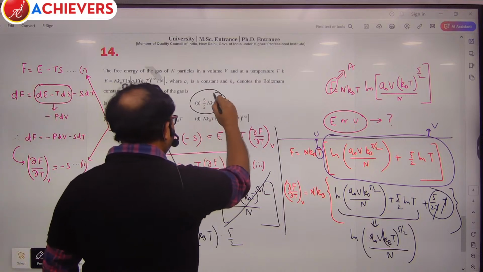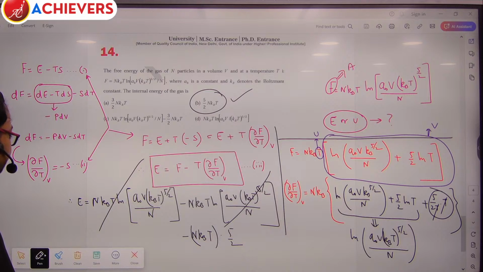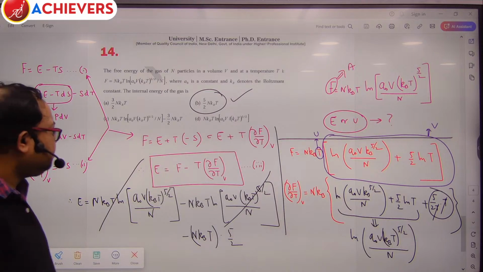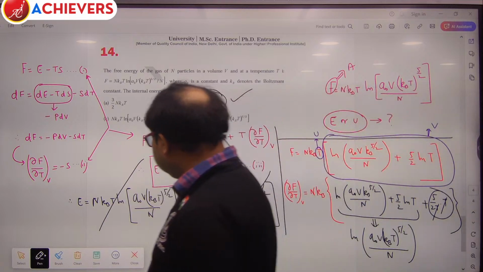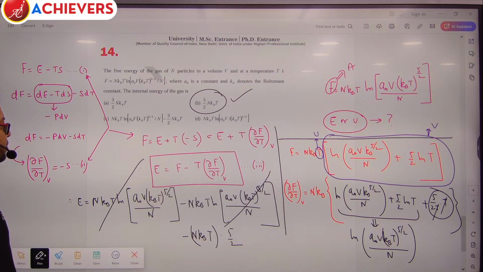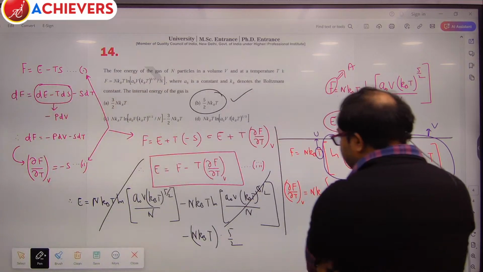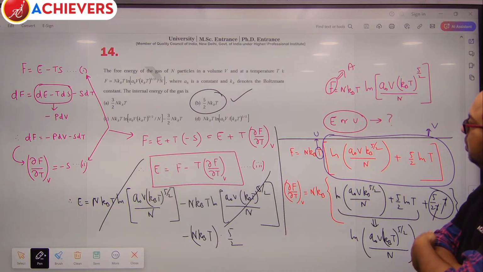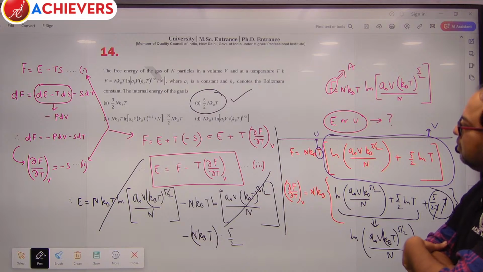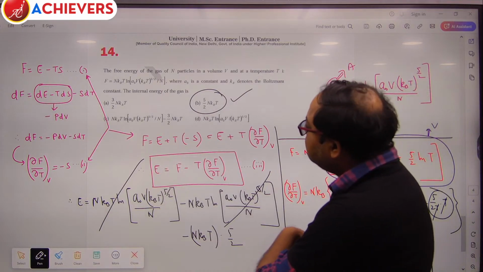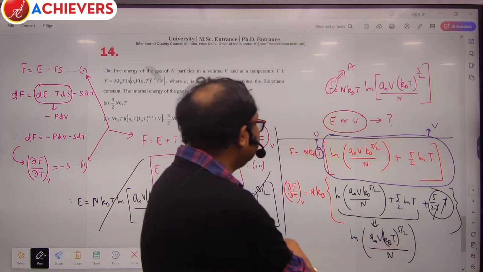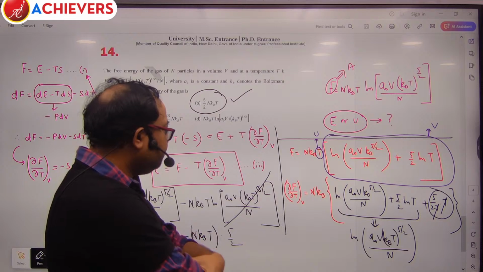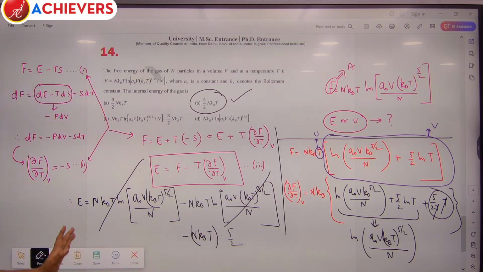So this is the correct answer, 5 by 2 N kBT. Let's look into the steps once again if there is any problem. There is one problem with this entire process.